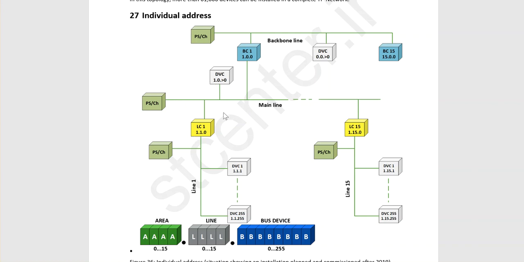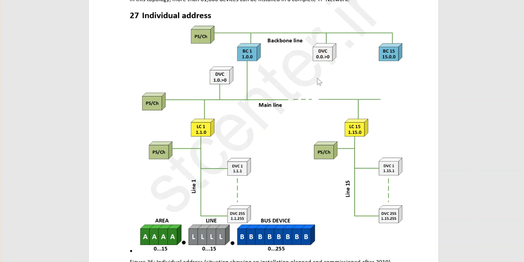You can use these rules of thumb in other areas also. For the backbone coupler, you can see this, it's written 1.0.0. It means this is device 0 in line 0 with area 1. So this is always a backbone coupler, until 15.0.0. And if your device is located in a backbone line, the first part is 0, because it is not located in any area. The second part is 0 because it is not located in any line, and the third part is more than 0, for example 20.